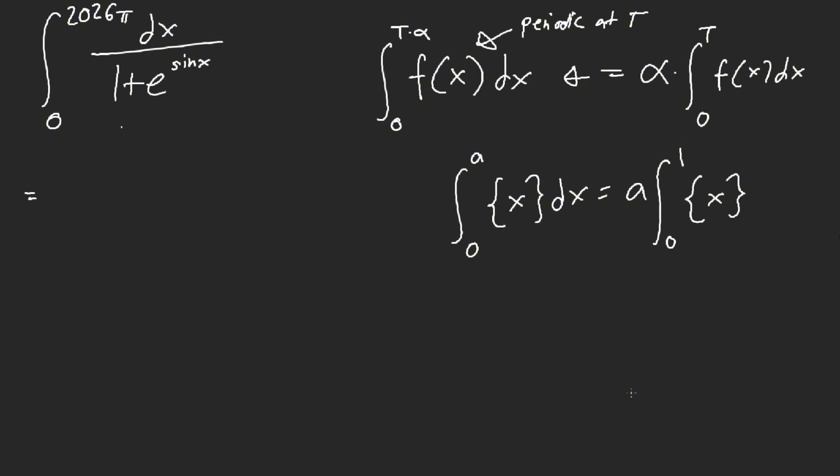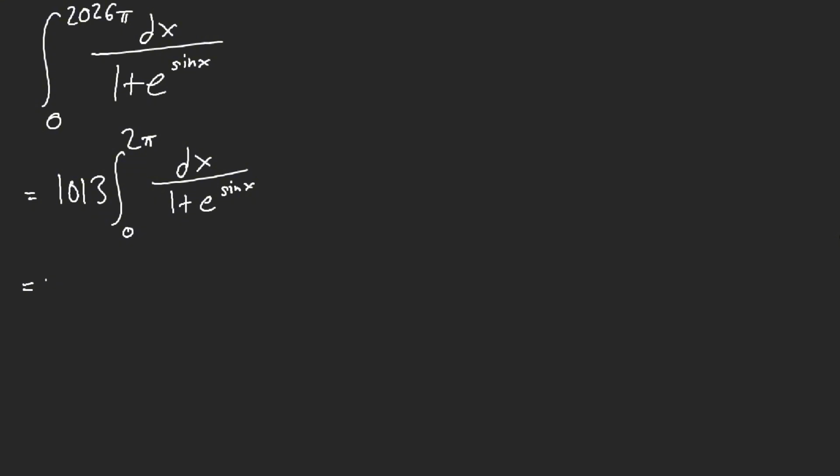This is going to be, what, 10, 13? From 0 to 2 pi of 1 plus e to the sine x. We can do Queen's rule, which we just apply. If we do Queen's rule, let u equal pi minus x.